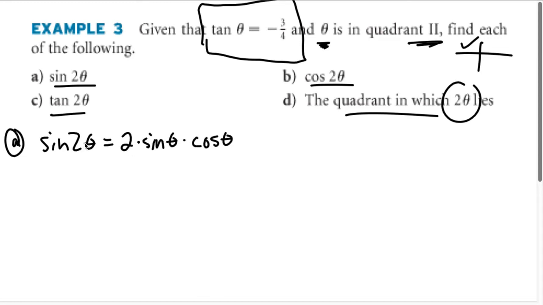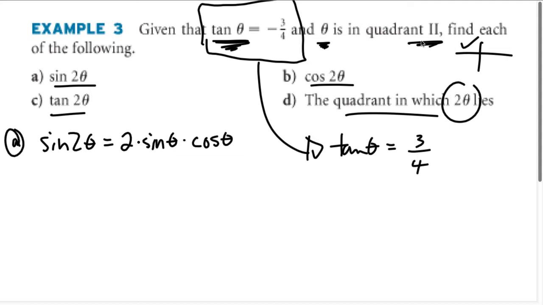But in my question they give me the tangent of theta, so I don't really have any of that. But I know from past questions that if I know the tangent ratio of an angle, I can determine the sine and the cos ratio just by using Pythagoras. So tan theta is negative 3/4.